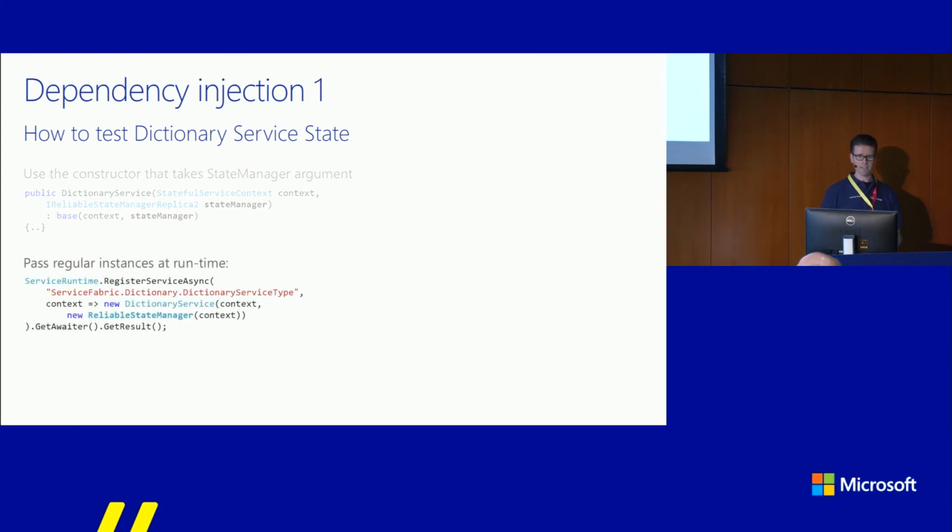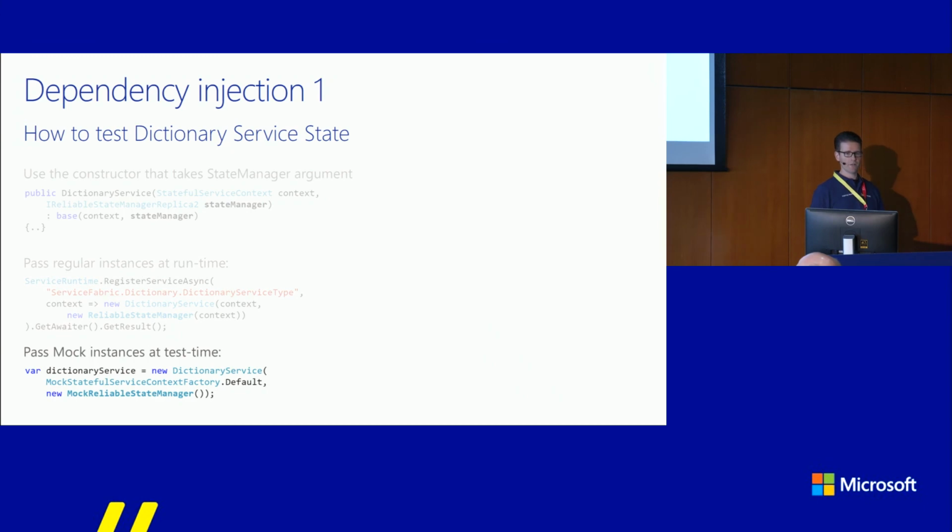So you pass the regular instance at runtime, the bold word new ReliableStateManager. That is the runtime object you want to use. But you can create your own implementation of IReliableStateManagerReplica2 and pass that at test time. And if you make sure that state manager does not rely on the cluster, but stores state maybe in a dictionary or something, you can now unit test the dictionary service.